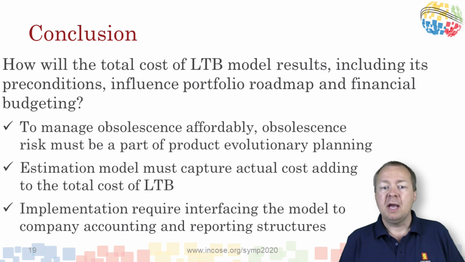KM was left with no other alternative than a last time buy when the loss of delivery and support capability was imminent. Implementing the model in this research will influence current company accounting and reporting structures sensitive to sudden change.